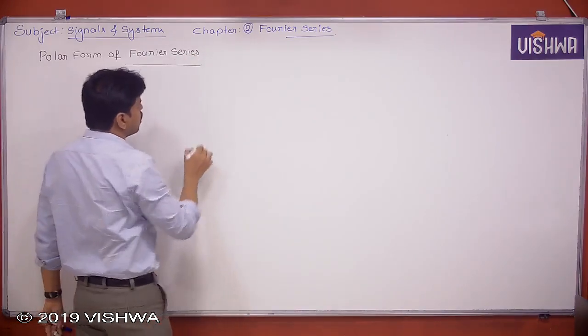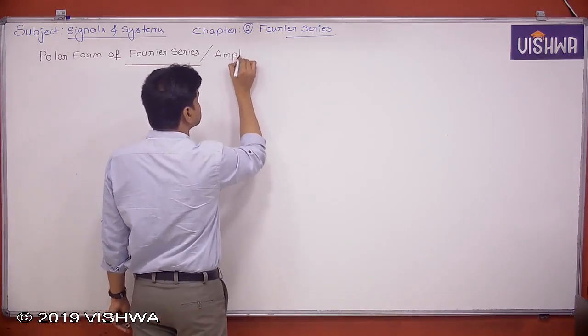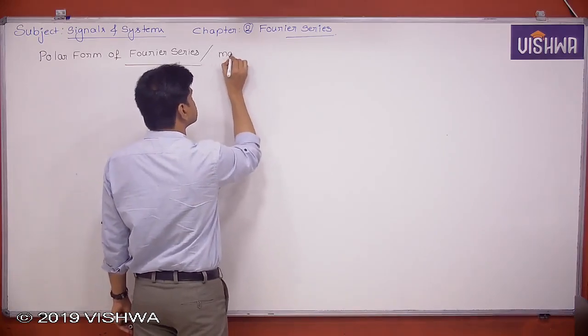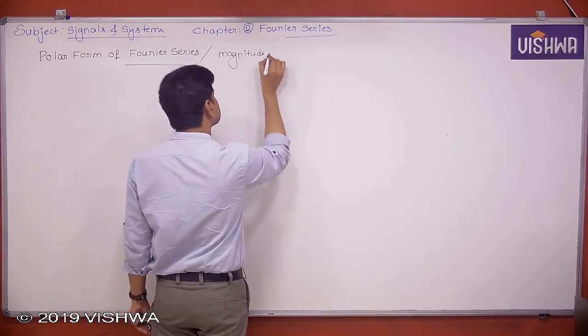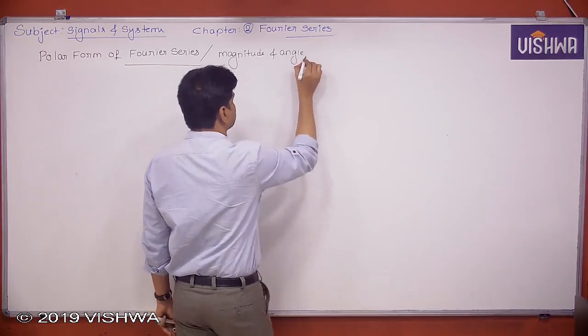This is also called amplitude angle or magnitude angle form of Fourier series.